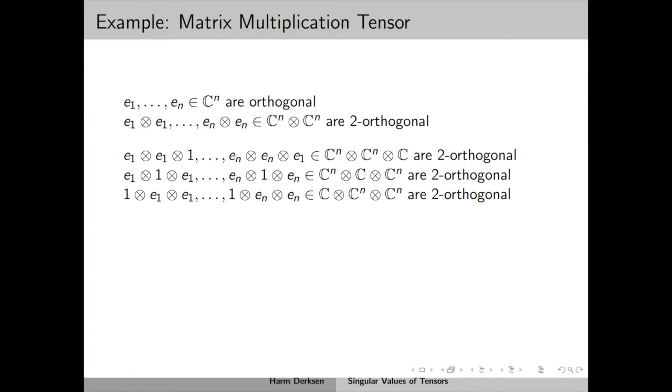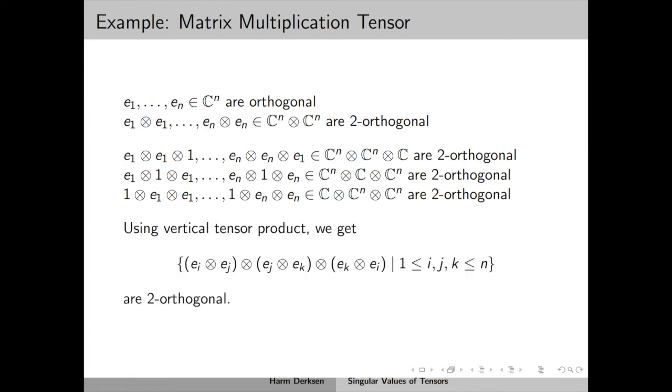Now I can look at these and group them together in different ways. Here, the first one I view as a tensor C^n tensor C, and I do it several different ways. But now I can take what I called the vertical tensor product of all these sequences of tensors, and what I get is basically the set of these tensors. So now I have n-cubed tensors that are 2-orthogonal.